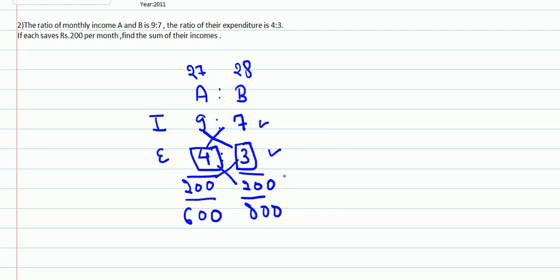Now we are going to perform the subtraction operation here. 27 minus 28 is -1 unit, and 600 minus 800 is -200. So -1 unit represents -200, so the negatives cancel out. That means 1 unit represents 200.